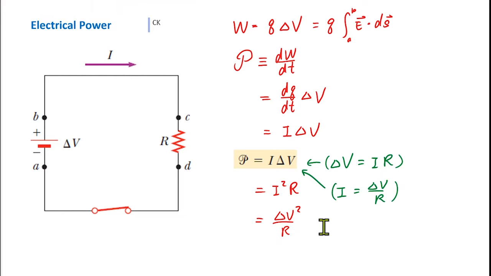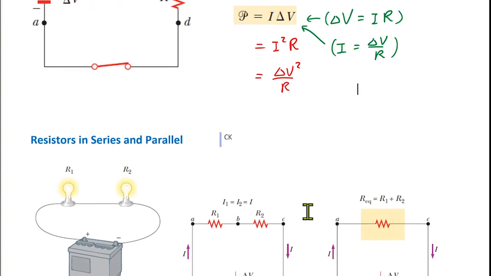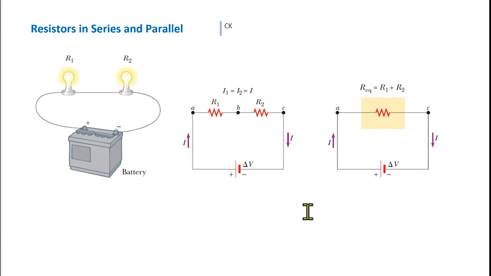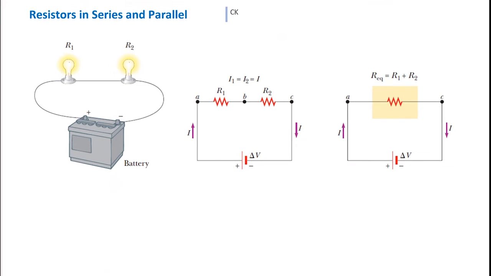Okay? Now, let's learn, if a bunch of resistors are put together in a circuit, what is the equivalent total resistance? But if you just think conceptually, two resistors, typically a light bulb or anything that does the work, your device, they all have resistance, although they are called impedance. But for our purpose, it's the same thing.